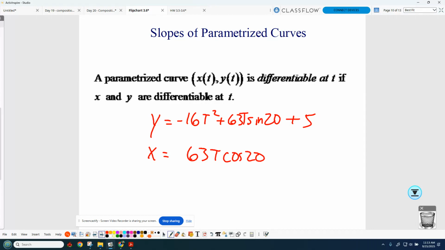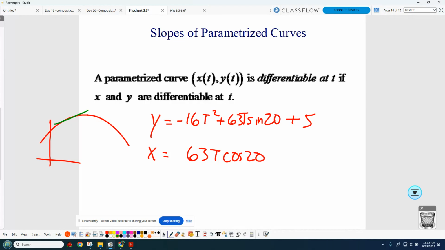Do you guys remember those? Those were like the projectiles. You're serving a volleyball and you hit it at 5 feet in the air and gravity's working. If I wanted the slope of this line at any point in time that was defined parametrically, it's in terms of time.